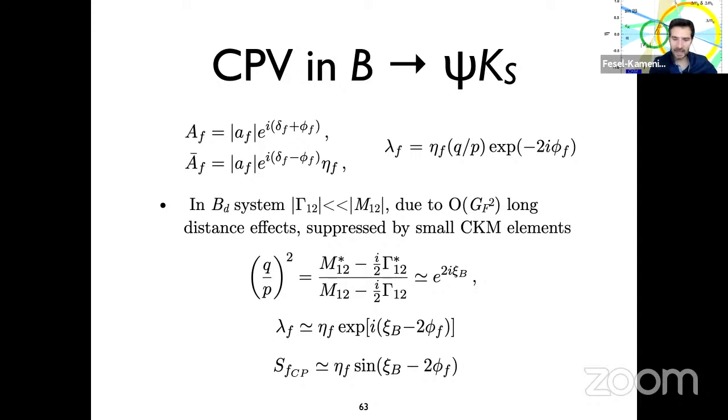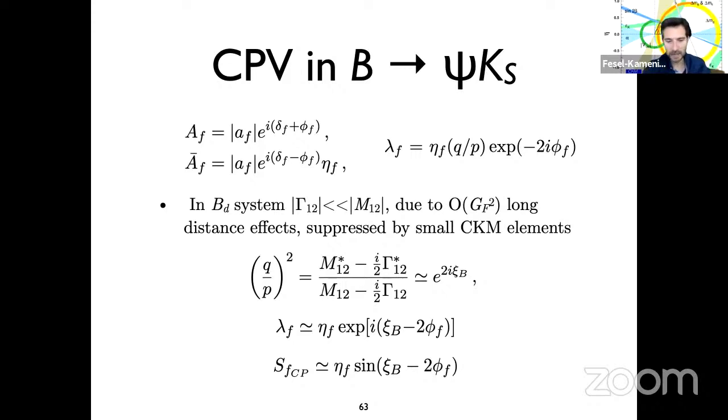So one can then write lambda_f in terms of the difference between the relative phase between the B0 and B0 bar and the relative weak phase of the decay amplitude, weighted by the CP parity of the final state.